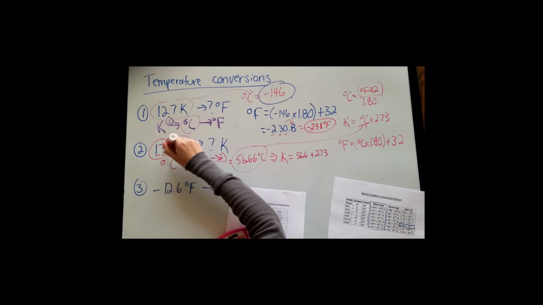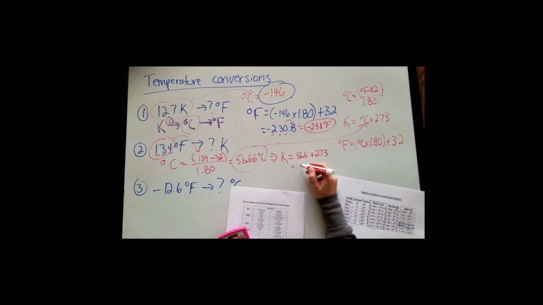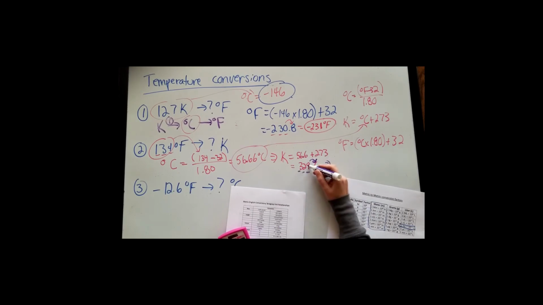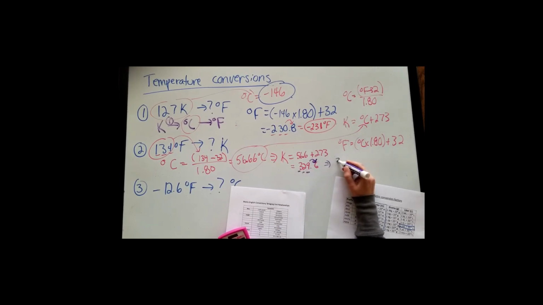Once again, I have 3 sig figs. So this is going to round up. So I get 329.6 in my calculator. But since I want just 3 sig figs, I look at the number next to it. That 9 needs to round up. So it's going to round up to a 10, which makes that 2 round up to a 3. So I get 330.